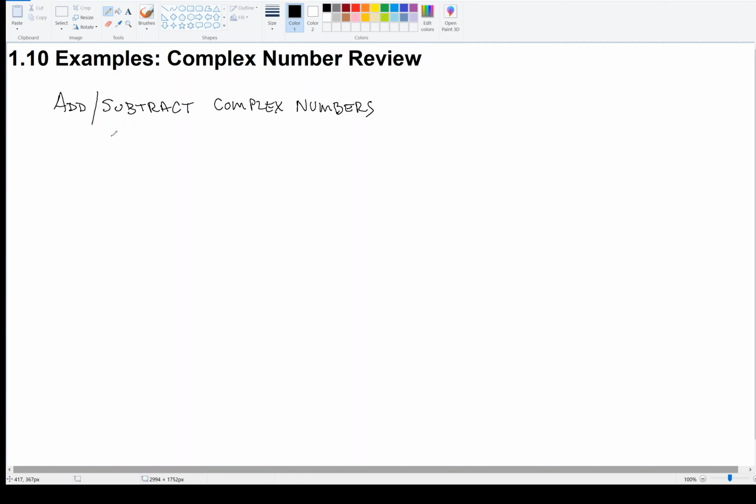So use rectangular form, because vectors are added and subtracted tip to tail. So their components add. The real parts add, the imaginary parts add. So let me give you an example.